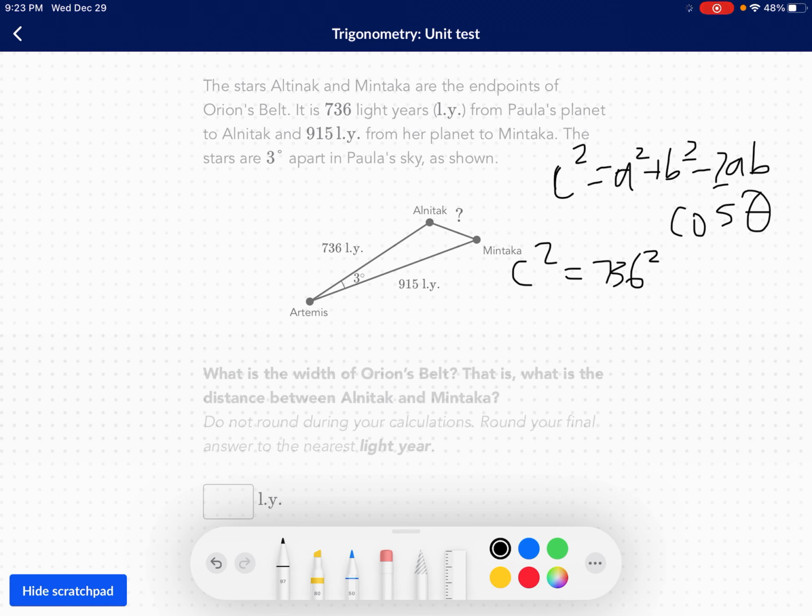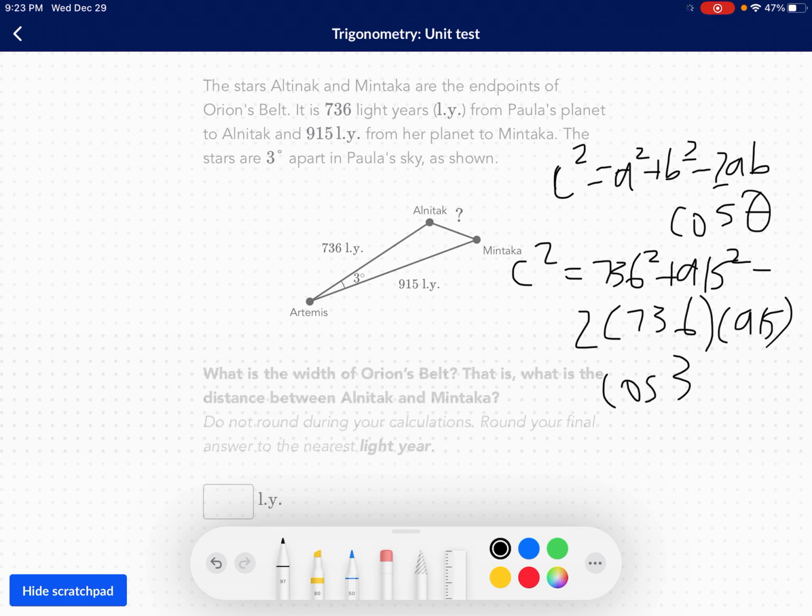Oh, I need to set my calculator back to degree mode for this. Taking the whole square root of this would just give me the answer, so I'll just enter all of this in the calculator.